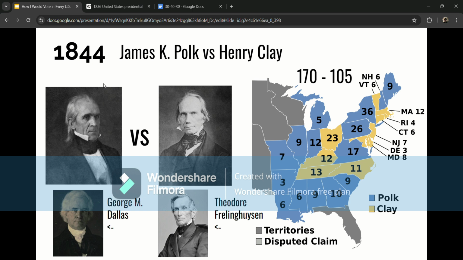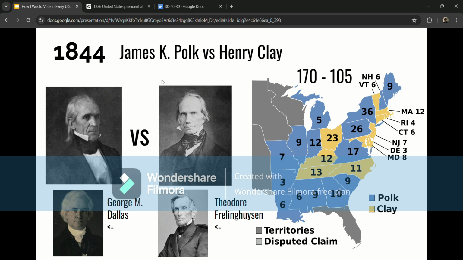He was governor of Tennessee for 4 years prior to this, and he also was Speaker of the House right towards the end of Jackson's term and going into Van Buren's term. So this is actually the only election in American history where both major party candidates were former Speakers of the House, interestingly enough.